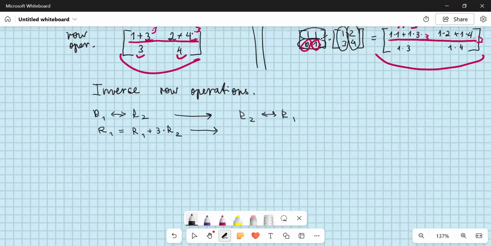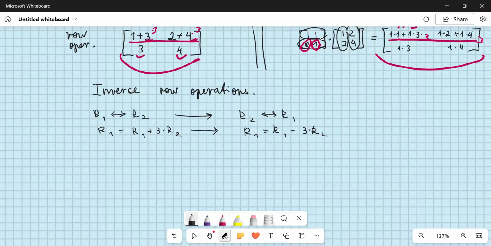Well, inverse is going to be take row number 1 and subtract 3 row number 2. So basically inverse row operations are kind of eliminating the previous step. Like if you took the second row, multiplied it by 3 and added to the first one, now if you took the second row multiplied by 3 and subtracted, it's going to return you to the previous step.